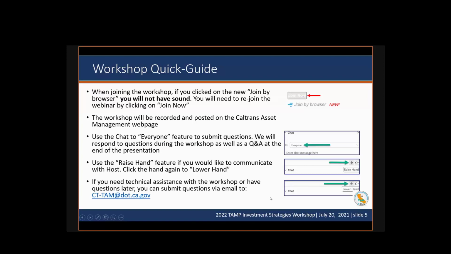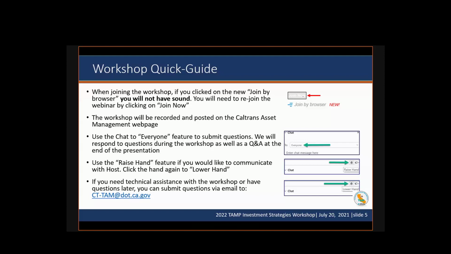Okay, so hopefully if you can hear me, that means you joined properly. If you cannot hear me, then just please pay attention to this join now. You might want to exit the web conference and come back in. We will use chat quite a bit. Please make sure you're chatting to everyone.